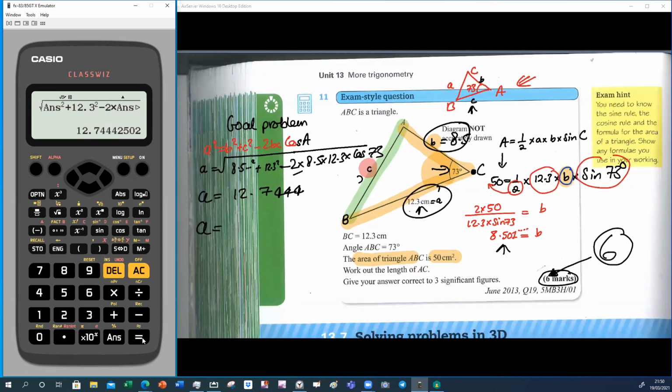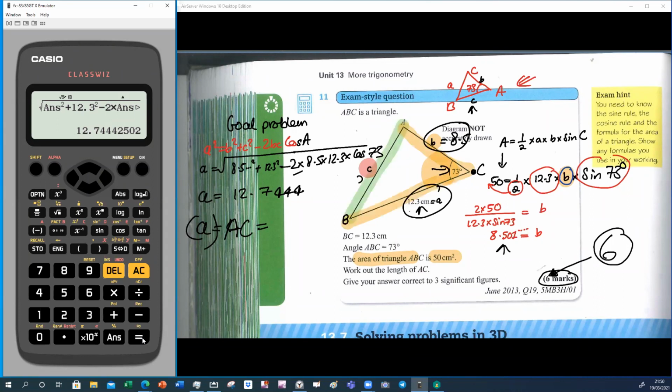So the A is actually equal to the C in the original question. Or actually, we can go back to our original, say, work out the length of AC. That's probably better. Okay, AC in the original diagram, which if I use the rubber and rub it out, you can see the original diagram underneath.